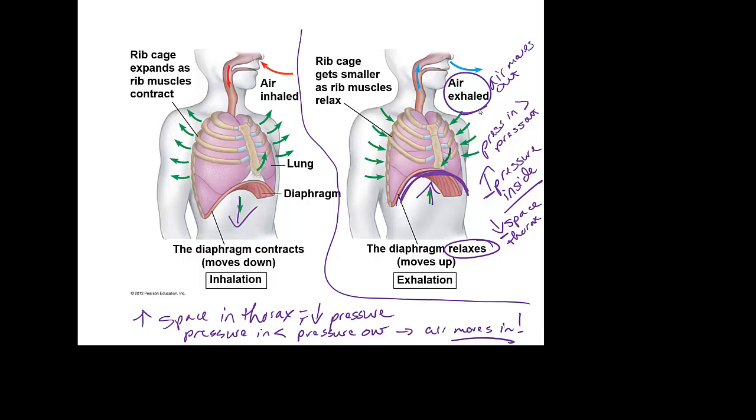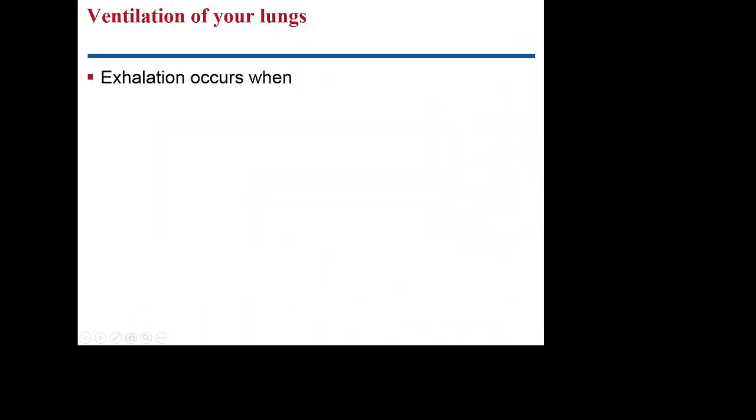Now, for most students, this is difficult because you have to keep track of what is going on as far as the movement of the diaphragm. So you exhale, or air out. When we look at the diaphragm going from this to this.